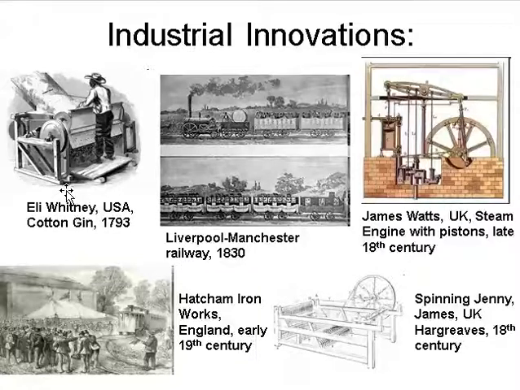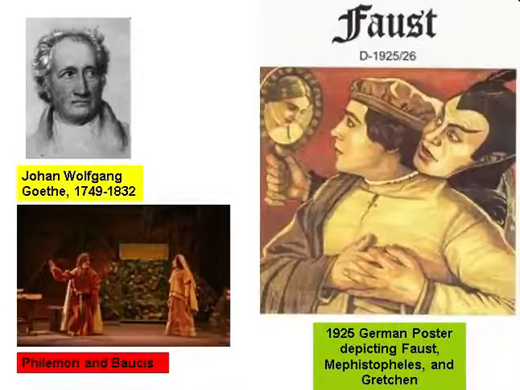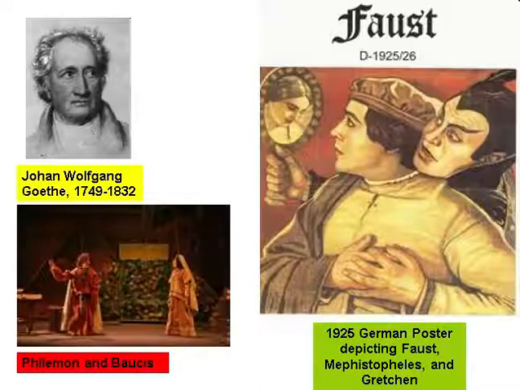And I want to shift gears now and tell a story before we get into more specifics of conservatism and liberalism. So this story is the story of Faust, as rewritten by Johann Wolfgang Goethe in play form in the year 1808, at a time when his native Prussia was part of the Napoleonic Empire.